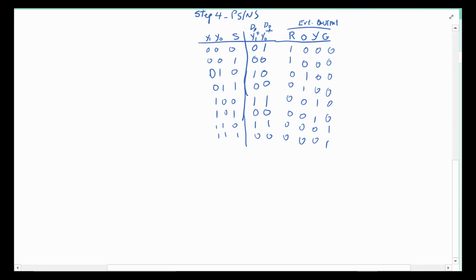So what you do, unless you can see the minimized version of this, you really have to do a Kmap for Y1, Y0, S. This is for D1, and this case is going to be 0, 0, 1, 0, 1, 0, and 1, 1, 0 here.